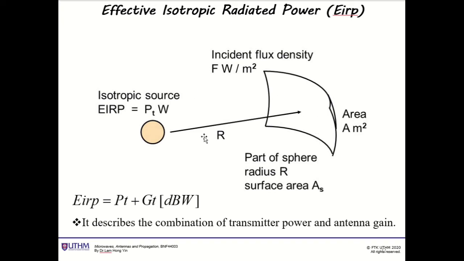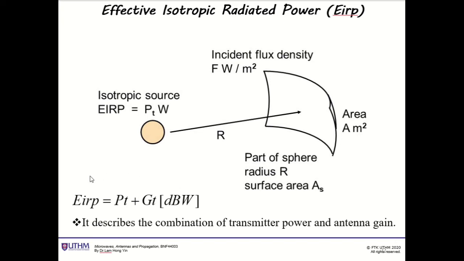So this is theoretical. However, for the calculation, we can use ERP is equal to the power transmitted from a transmitter plus the gain of the antenna. So this is the equation that you usually use to calculate the ERP.